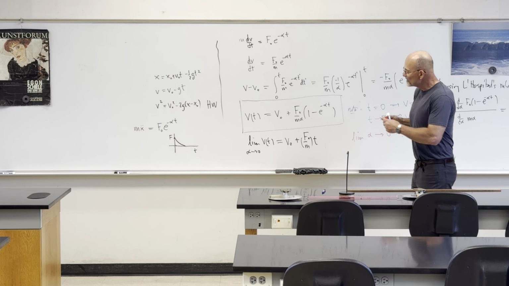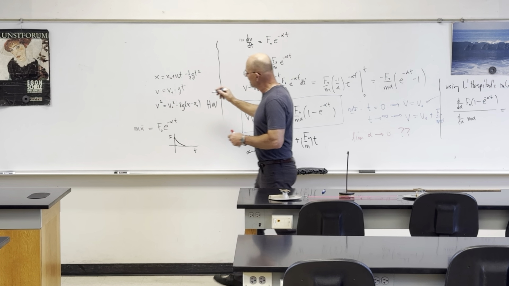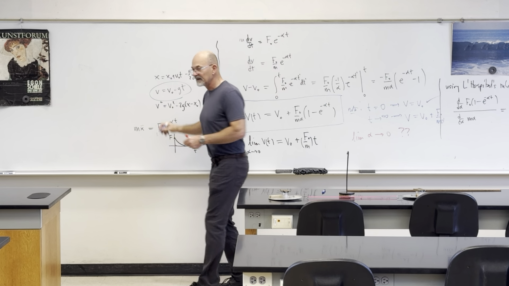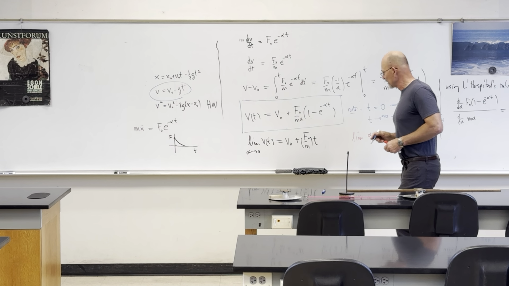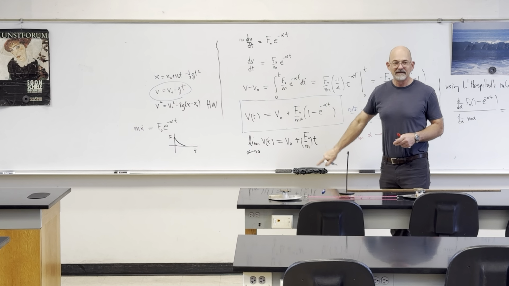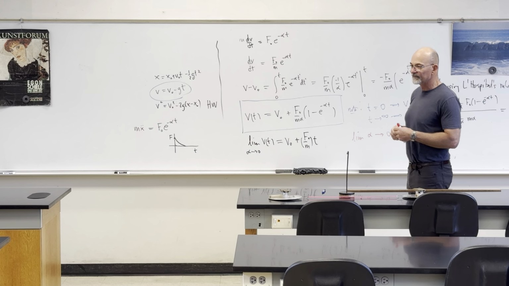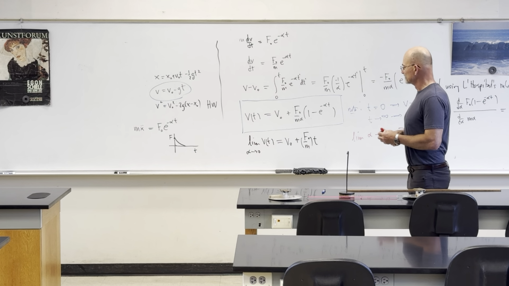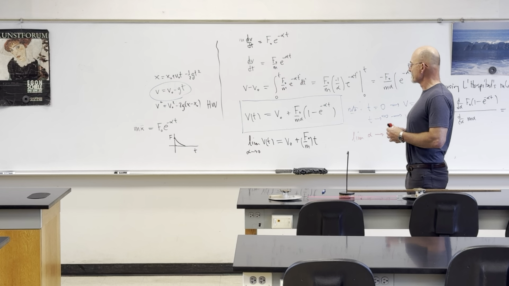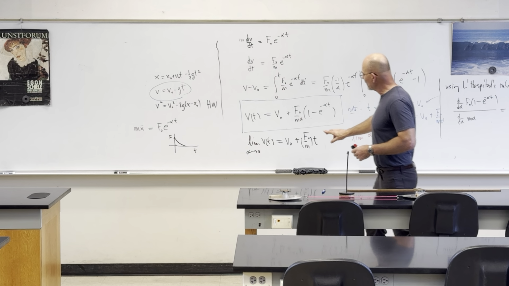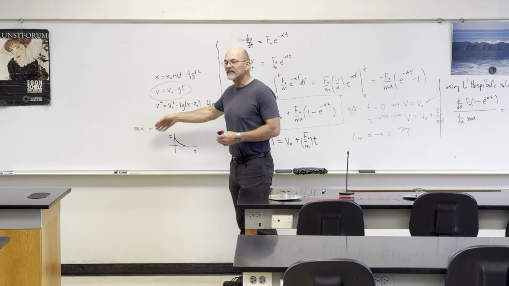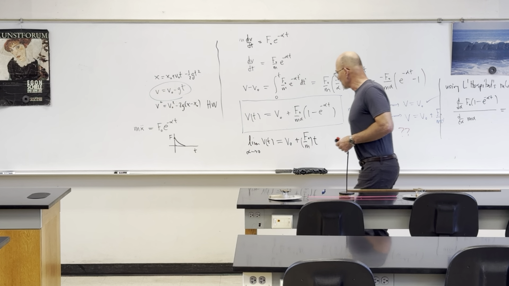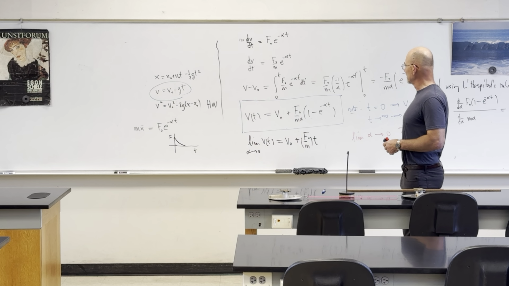And this is essentially this result. f naught over m is the acceleration, and it's linear in t. So in other words, the limit as alpha goes to 0 is simply f naught over m, constant linear growth in time.